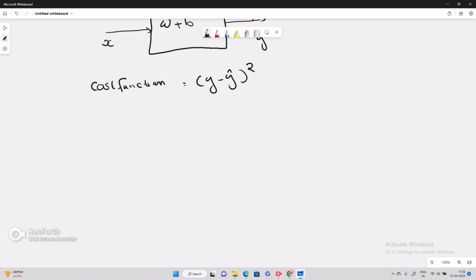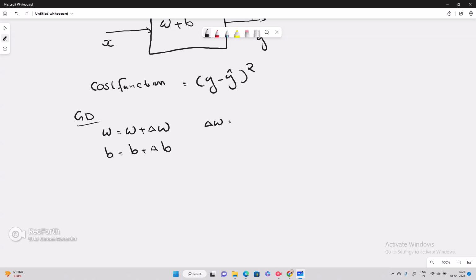Now in the gradient descent algorithm, there is a formula to update the weight, that is W is equal to W plus change in weight, and for the bias, bias is equal to bias plus change in bias.